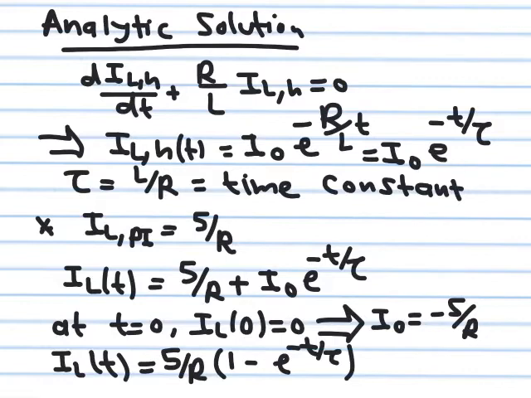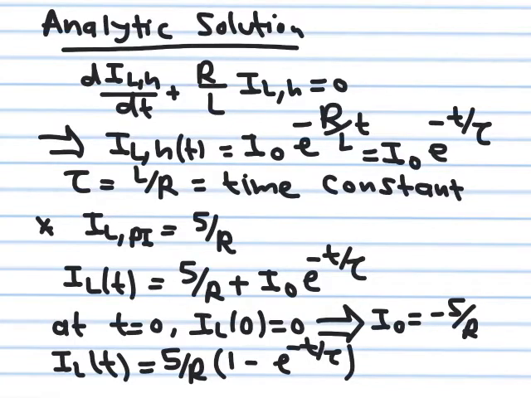Now, as I mentioned in the previous slide, to get the particular integral, when you have a constant here, which is 5 over L, the solution is a constant, and the particular integral is 5 over R. Now, the total inductor current is the sum of the particular integral solution plus the homogeneous solution. Now, we have to impose the initial conditions to find the constant I naught. Tau we know. Tau is L over R. We know L, we know R.